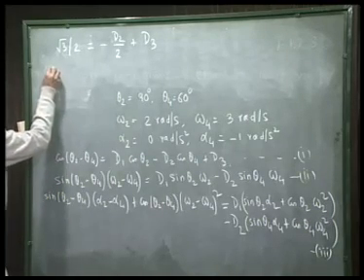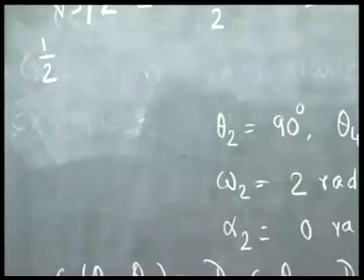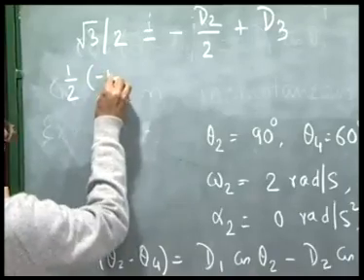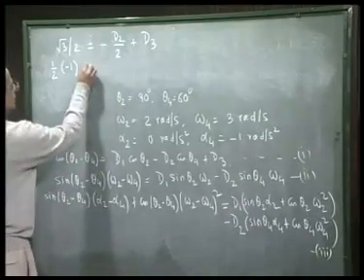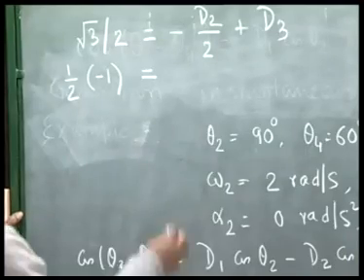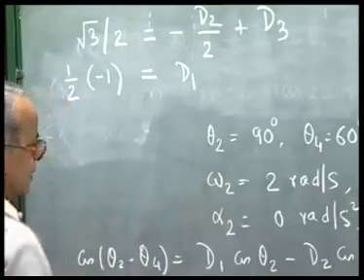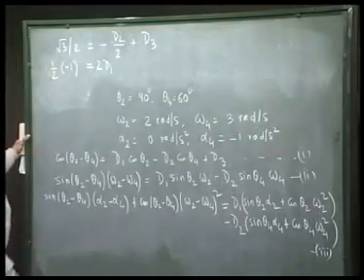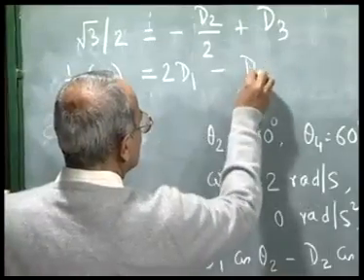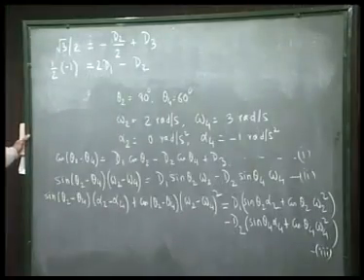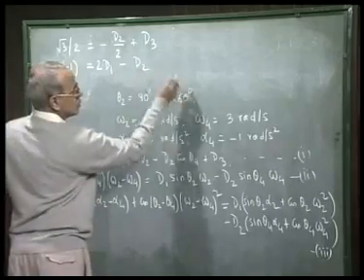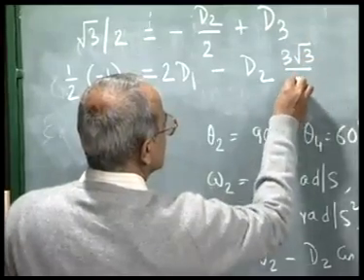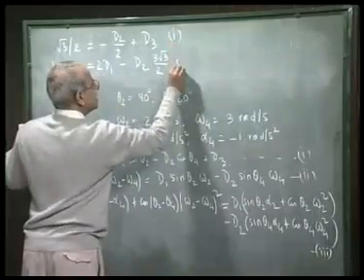Sine 30 degrees, that is half, into omega 2 minus omega 4, that is minus 1, should be equal to d1 times sine theta 2, which is 1, and omega 2, which is 2, so 2 d1, minus d2 times sine theta 4, which is root 3 by 2, and omega 4 is 3, so 3 root 3 by 2 d2. This is equation 1, this is equation 2.